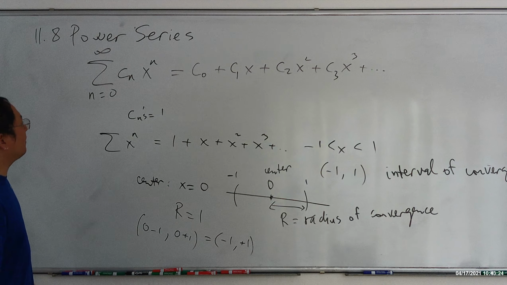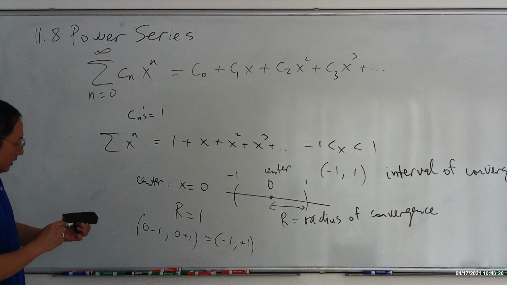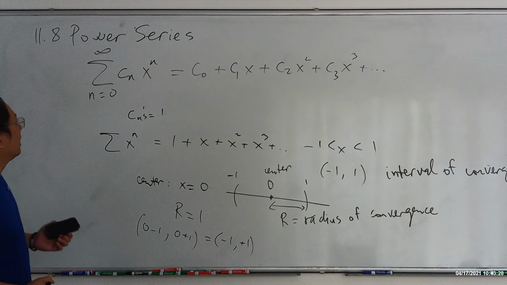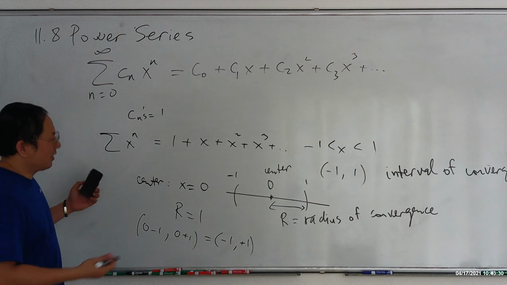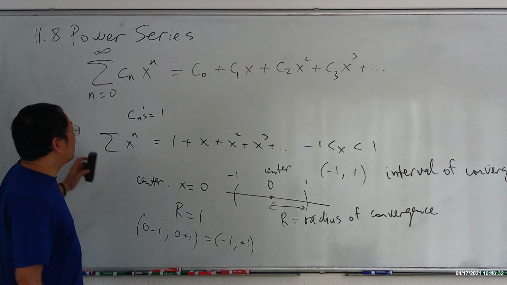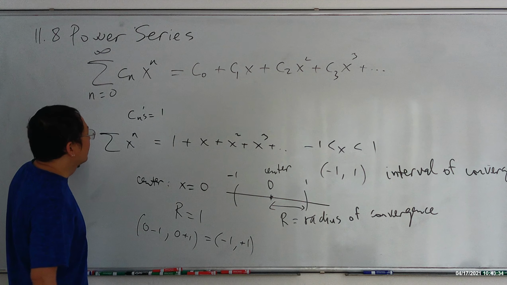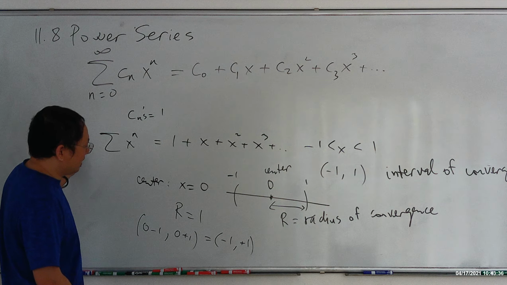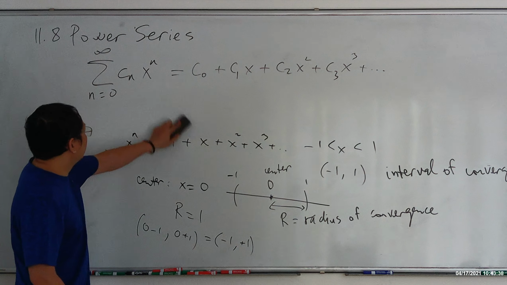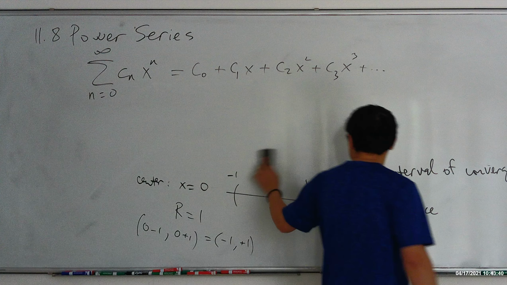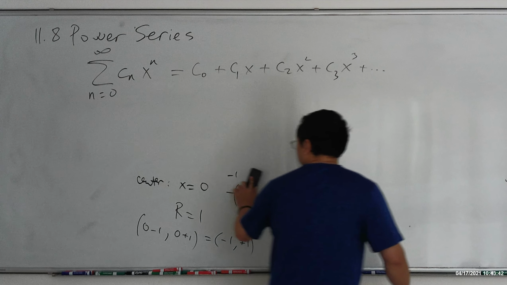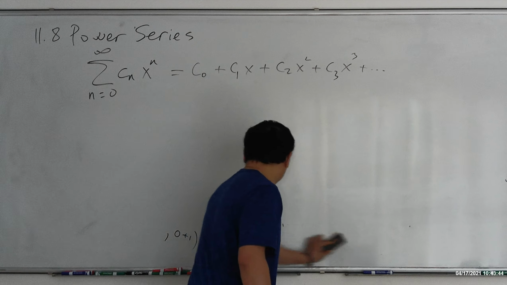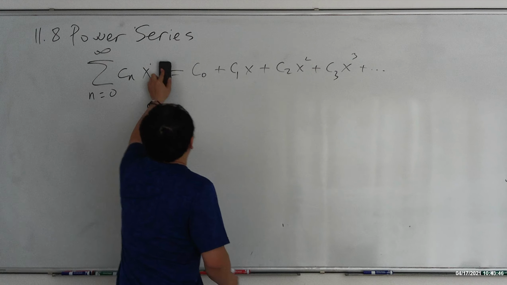Let me give you a theorem about the interval of convergence, and then I will show you a couple of examples, maybe 3, and you'll see how we find the center and radius of convergence of the power series. Let me write in general.